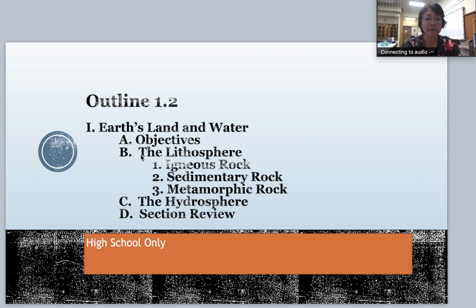Then after the lithosphere, we have the hydrosphere, and the last will be the section review that is part of identifying what the outline looks like. And again, the outline is an expectation for high school students.